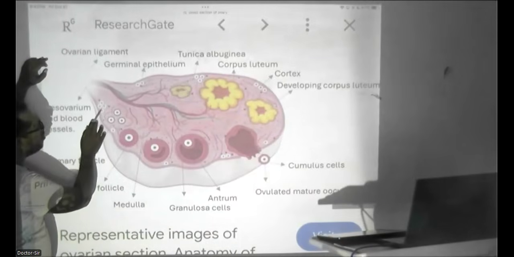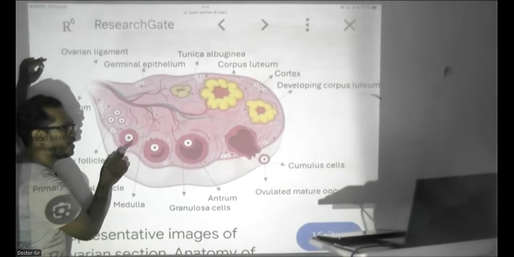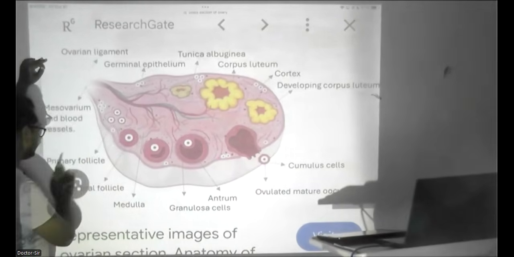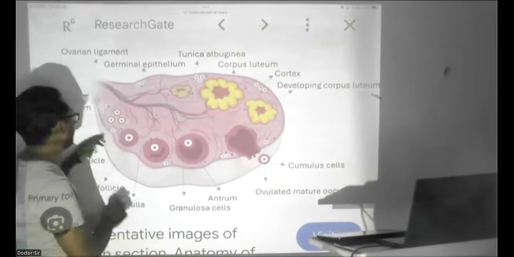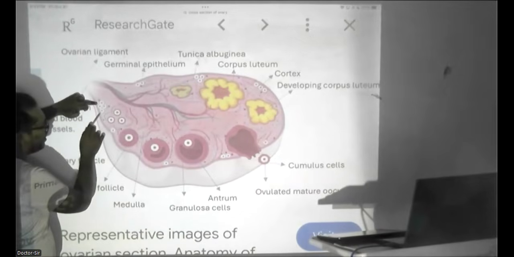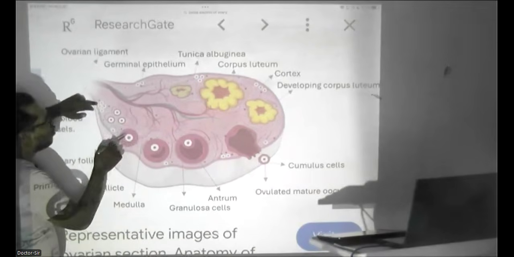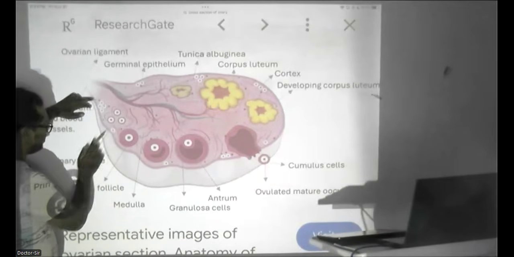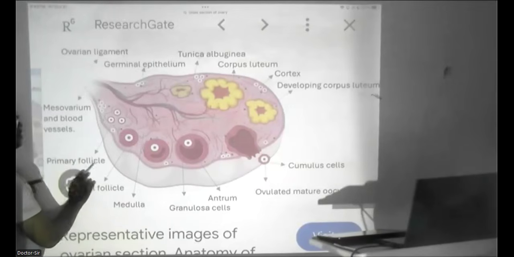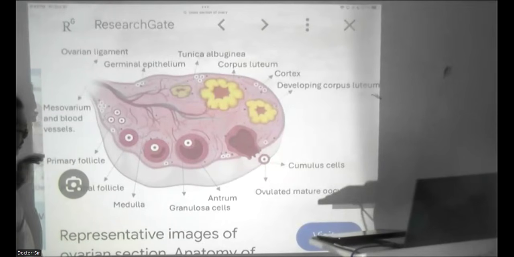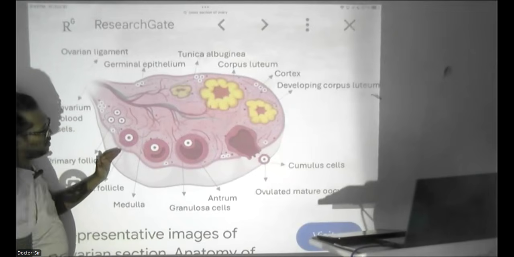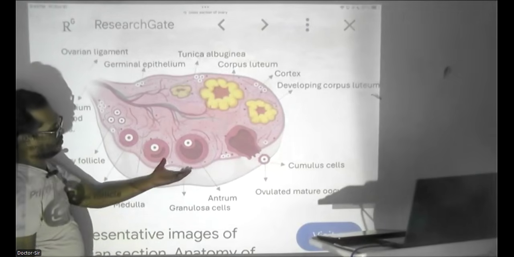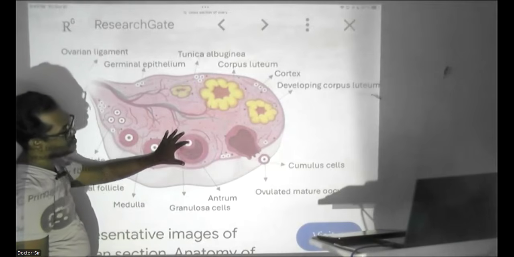First, small follicles. Look here, these small follicles are called primordial follicles. Then they grow further and become primary follicles. Then the primary follicles divide into secondary follicles. Then it comes to the Graafian follicle stage.